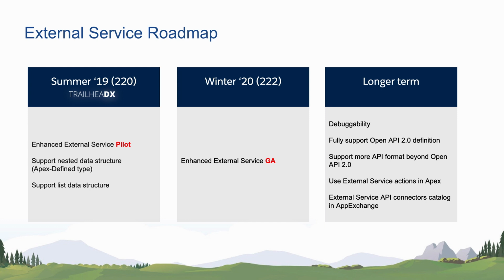Behind the scene, external service automatically generates these invisible Apex-defined classes, so that it describes the shape of your data and you could just leverage them directly in Flow Builder. And for the winter 20 release, we are targeting to GA the enhanced external service version.